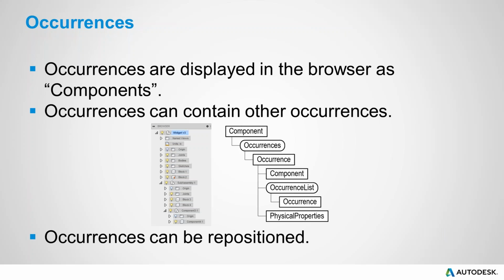So the real data that's inside the component isn't changing. It's just the position of the occurrence, so that it's like that hologram is being moved around, but the real data that's being read to display that hologram is fixed in space.